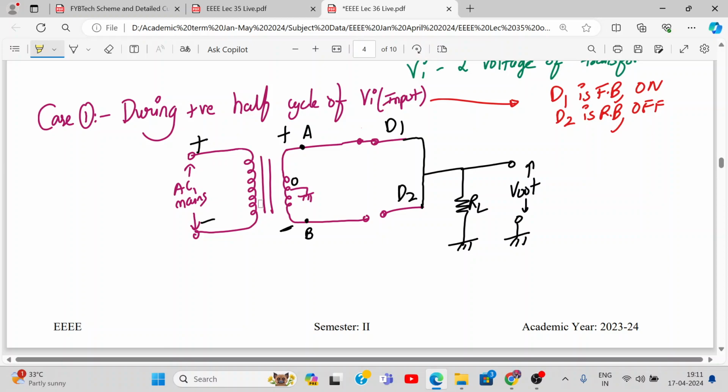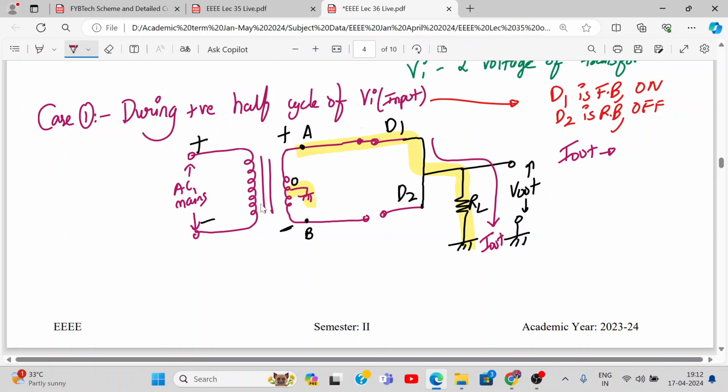Can you tell me the current will flow? Yes, it will flow via A, diode D1, resistor RL, output, and then again back to O and back to A. Okay, so your I out will flow. This is I out direction down.